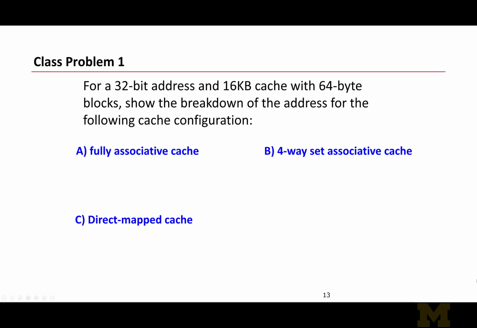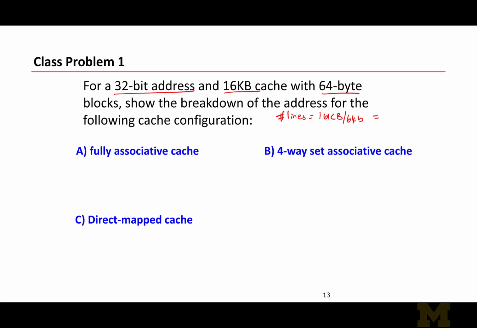Now let's use these equations to solve a very simple problem. You're given a 32-bit ISA, the cache size is 16 kilobytes, and the cache block size is 64 bytes. The number of lines would be the cache size, 16 kilobytes, divided by 64 bytes.